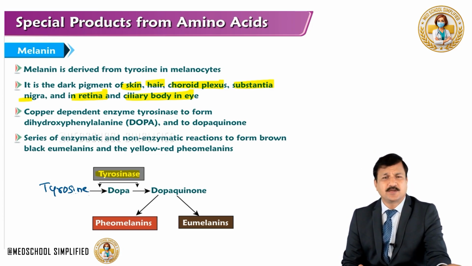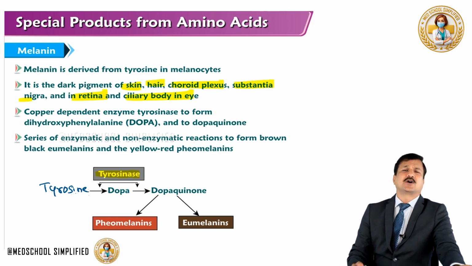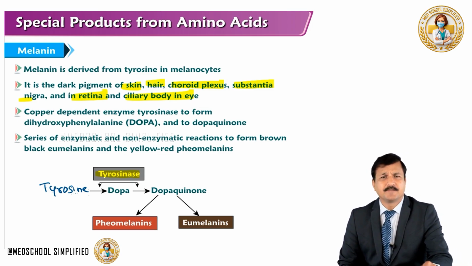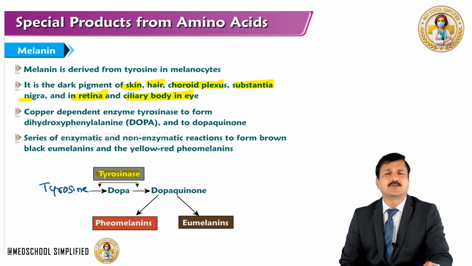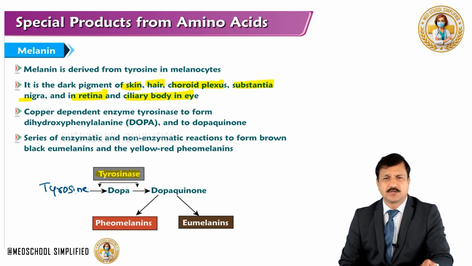Even the changes in pigmentation between individuals depend on the amount of melanin made in the skin by melanocytes, and that is genetically mediated. The activity of the tyrosinase enzyme is genetically mediated, and its activity is also modulated depending on the amount of exposure to sunlight.